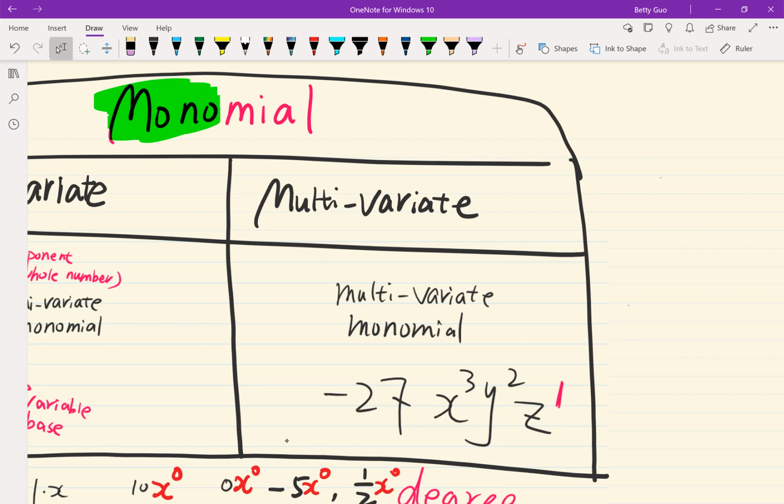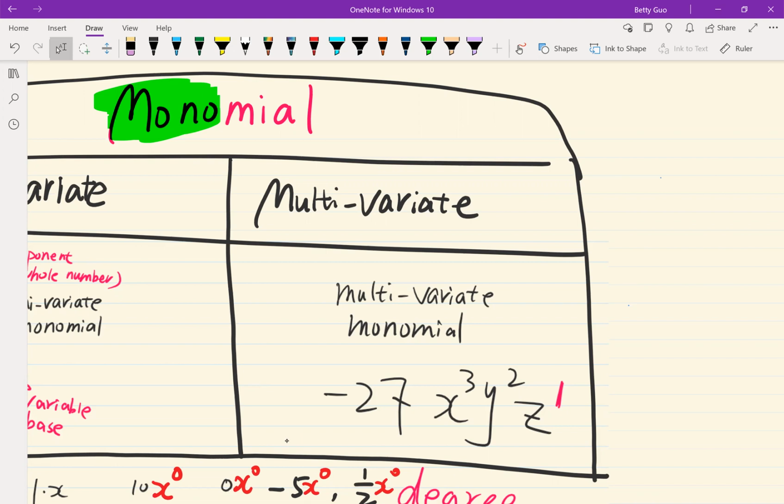Now there's a part you need to remember. How do you determine the degree of a multivariate monomial? For a univariate monomial it is easy, right? Whatever the exponent is, that's the degree of the monomial. What if the monomial is multivariate? Do you see this 3, 2, 1?